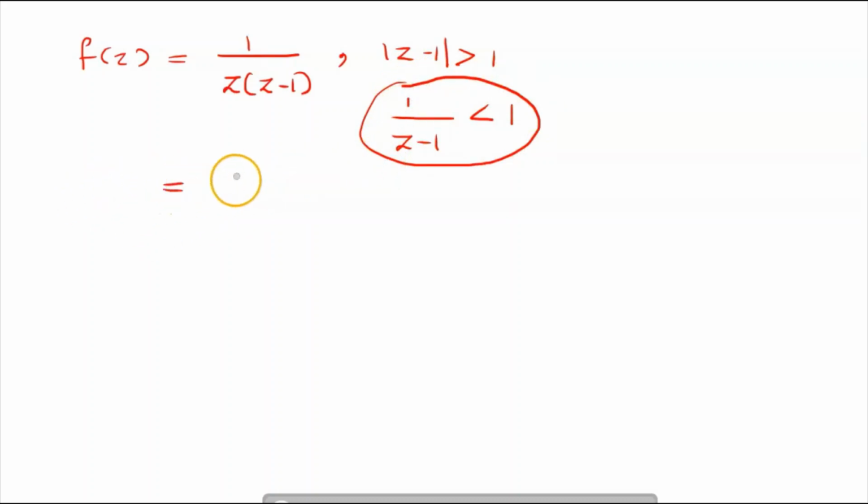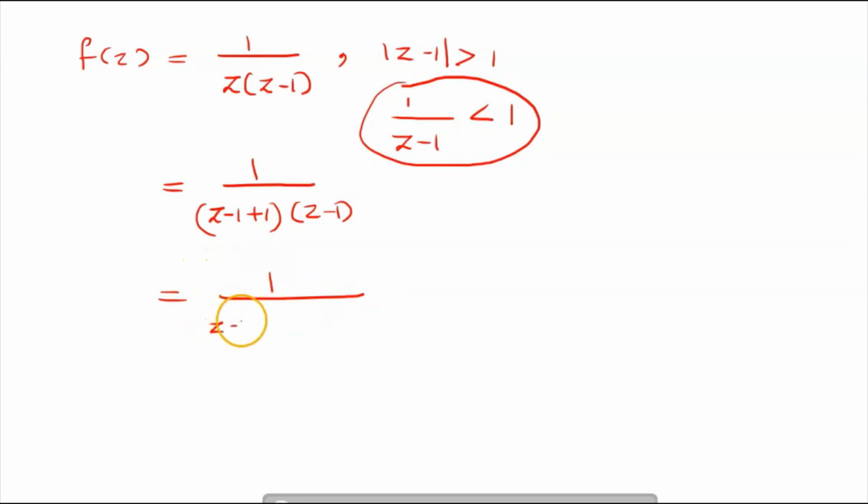Now, 1 by z, write z as z minus 1 plus 1. Now taking z minus 1 outside, what we get? z minus 1 plus 1.